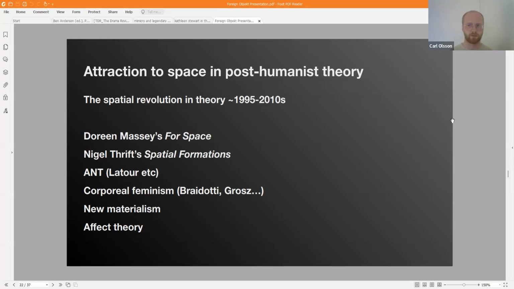Same for parts of new materialism, and much of this leads into a study of affect. Of course, in all of this, names like Deleuze and Deleuze's reading of Spinoza are very important. So I'm not going to go too deep into the philosophical underpinnings here.